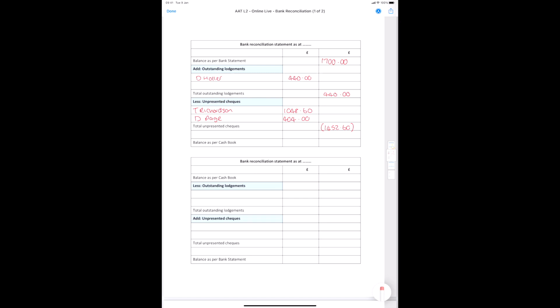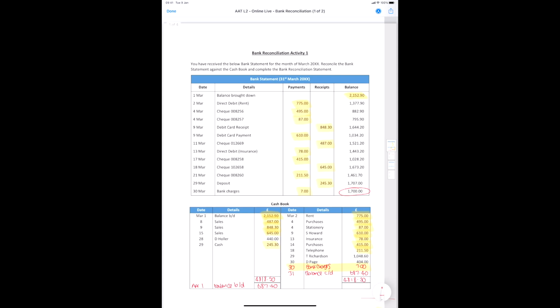Okay, so if we follow this right column now, 1,700 plus 440 minus £1,452.60 gives us £687.40, which correctly matches our balance within the cash book.